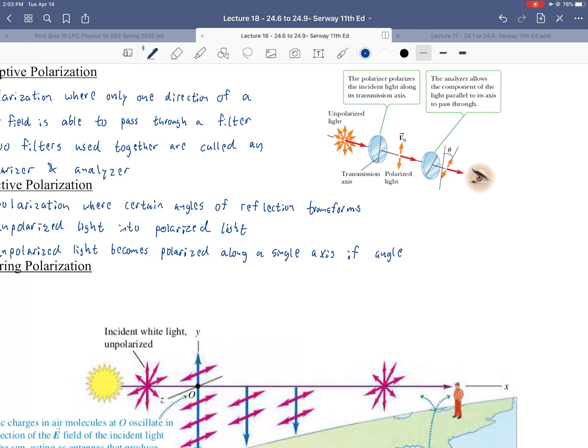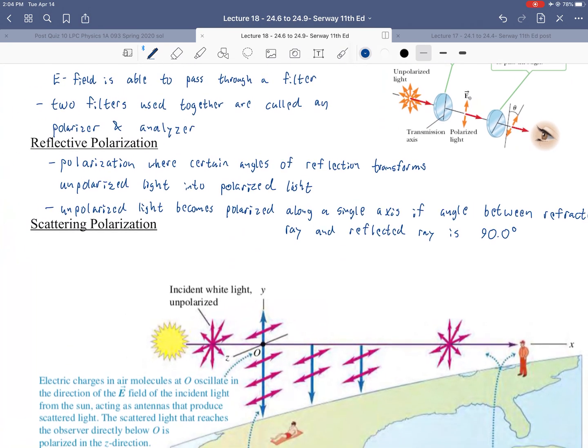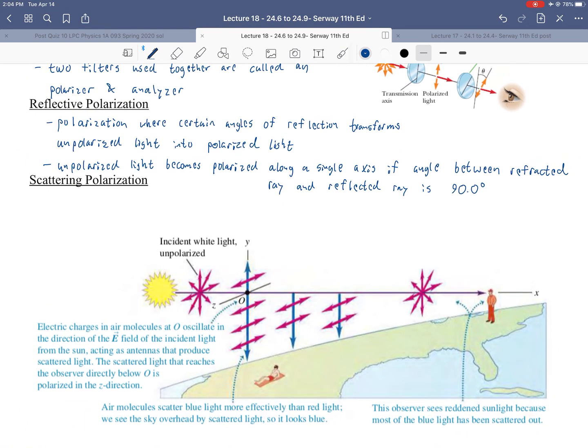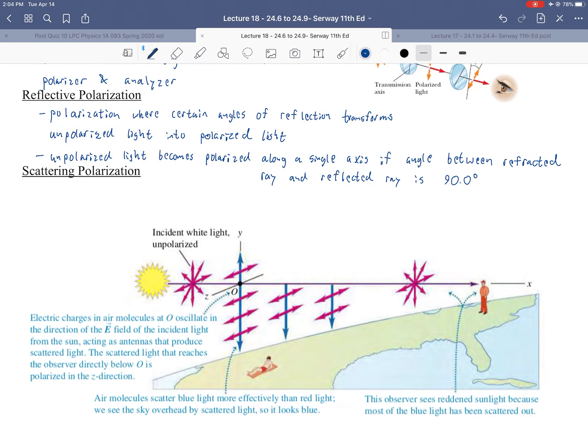Okay, put it on a single axis: if the angle between the refracted ray, I'll draw a picture of this below, and the reflected ray is 90 degrees.